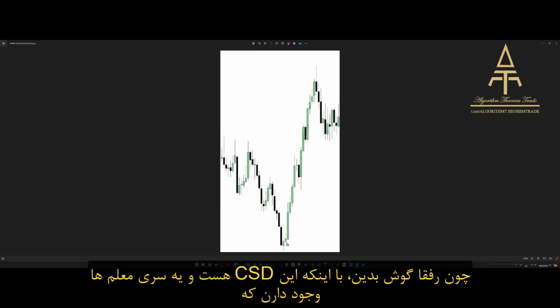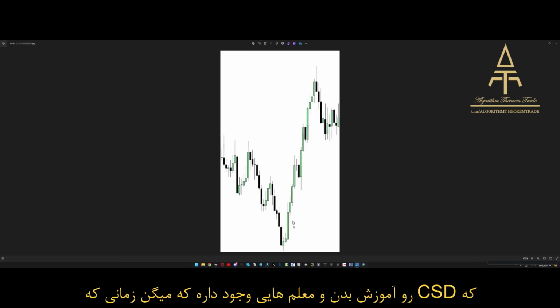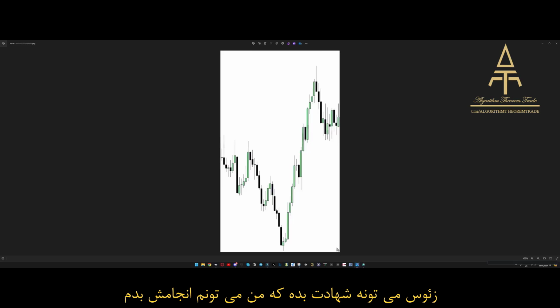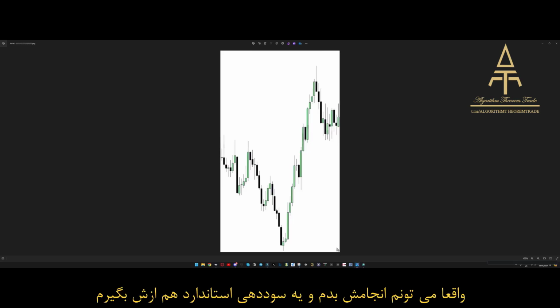Because guys, although this is CSD, and there's educators out there teaching CSD, and telling you to enter once there's a close above the order block, other people aren't even waiting for that. They're literally trying to enter on the wick, which is something that, look, Zeus can clarify, I am capable of, and I am capable of doing it to a profitable standard.